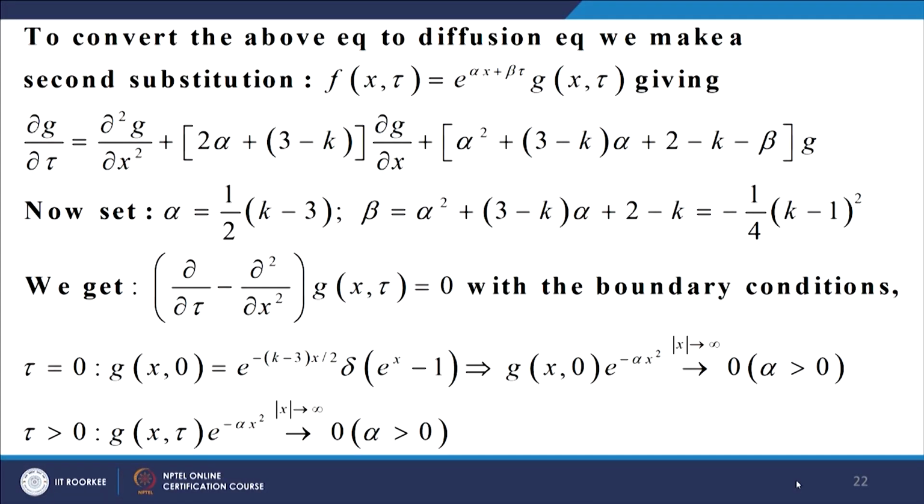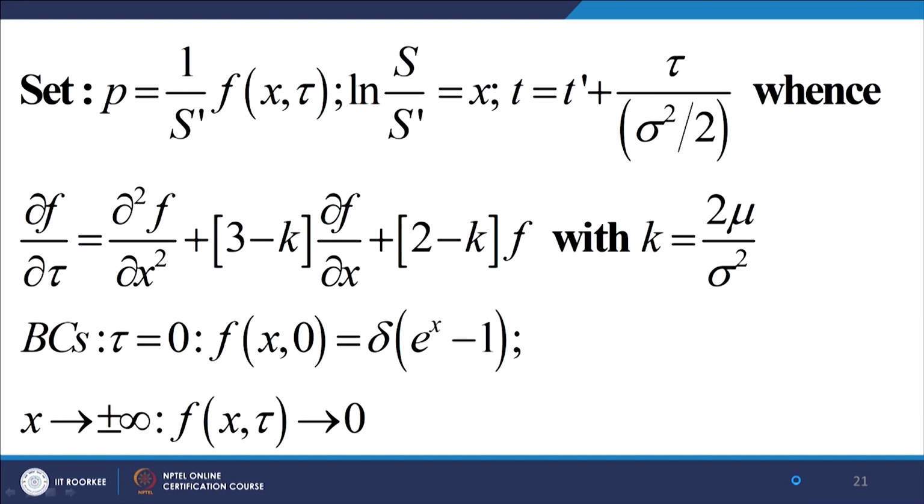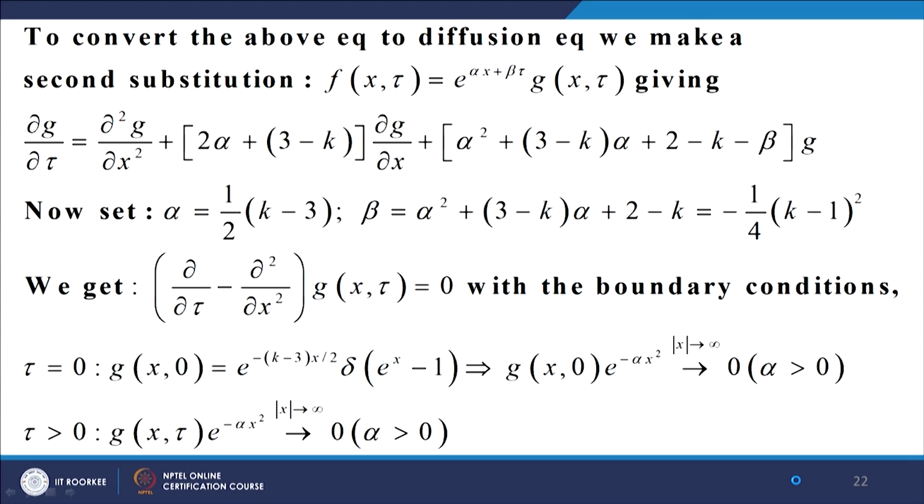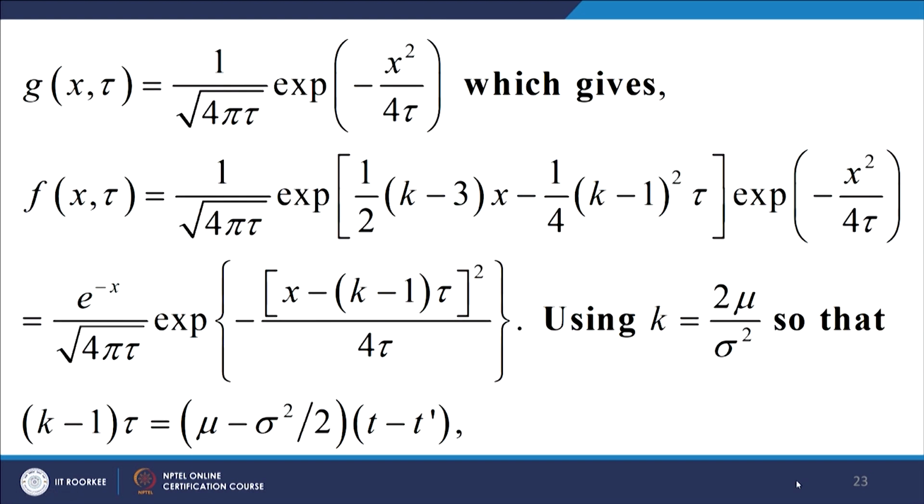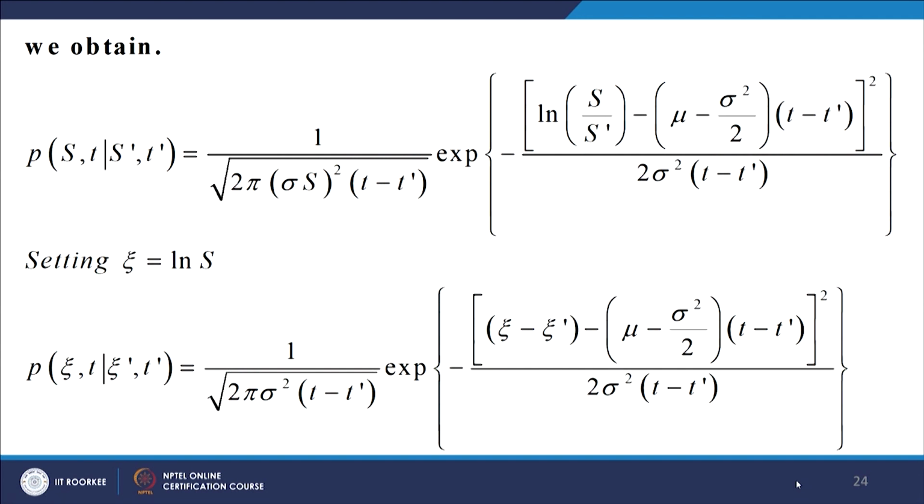You make substitutions at two levels. First level, you make certain substitutions, you arrive at a function f of x and tau, and then you make a second substitution, you arrive at a function g of x and tau. Now, the function g of x and tau satisfies the diffusion equation, therefore the solution of g of x and tau can be directly written, or you can work it out using Fourier transforms or any other method for that matter.